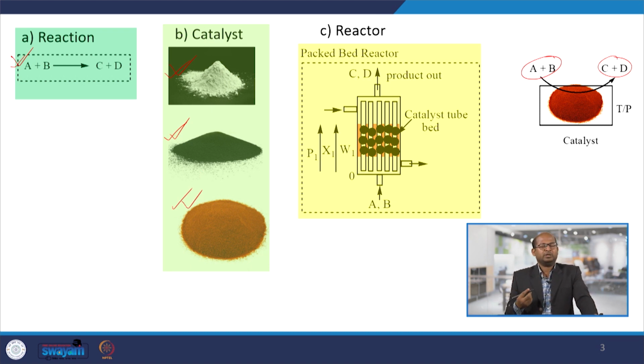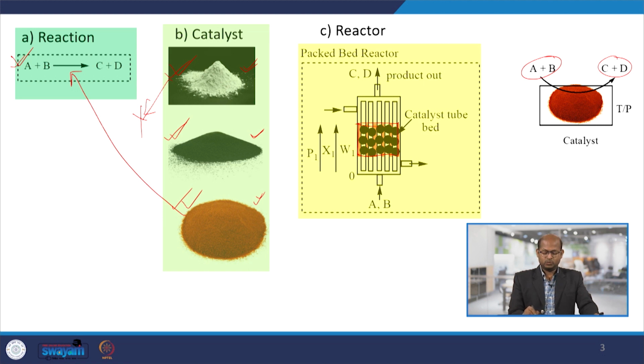We can prepare a particular catalyst that is required for a particular reaction. The catalyst is specific to a particular reaction. Any catalyst cannot be used for any reaction. One catalyst may be effective for this reaction but not for another. This is also a catalyst, but it may be useful for some other reactions.